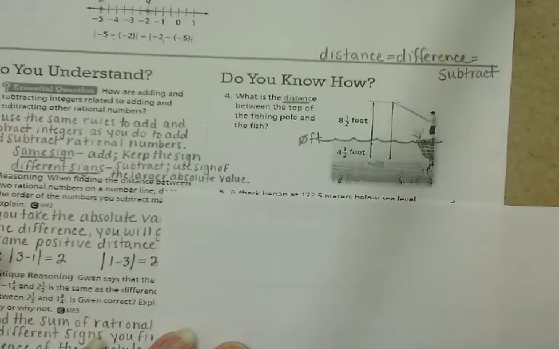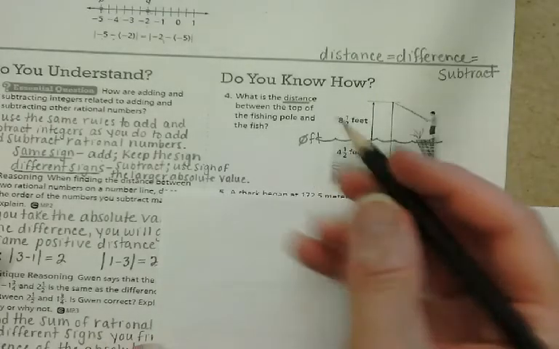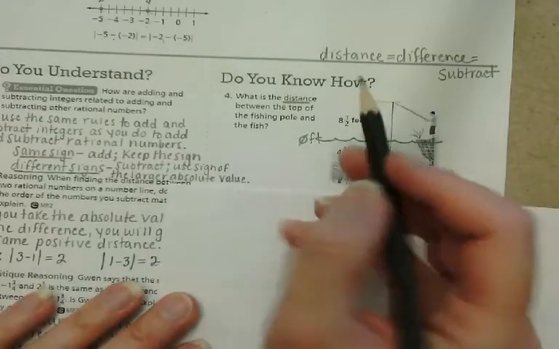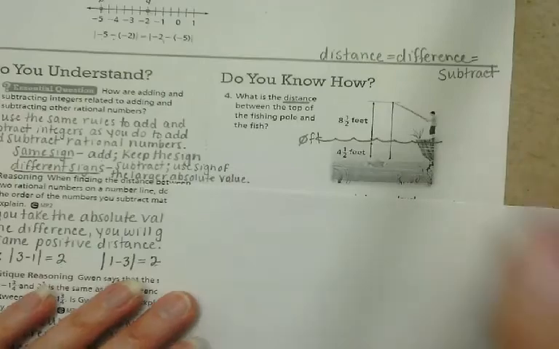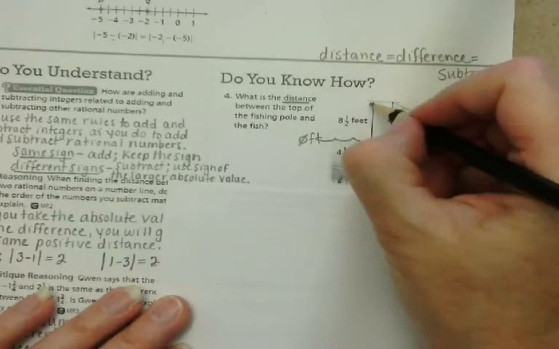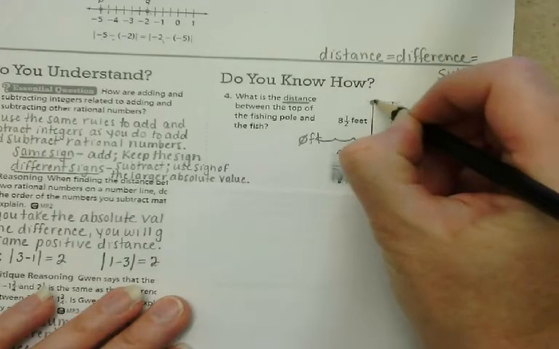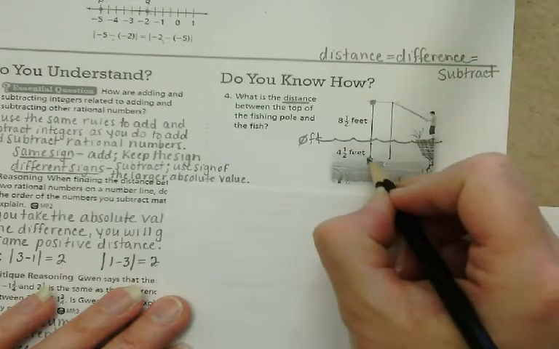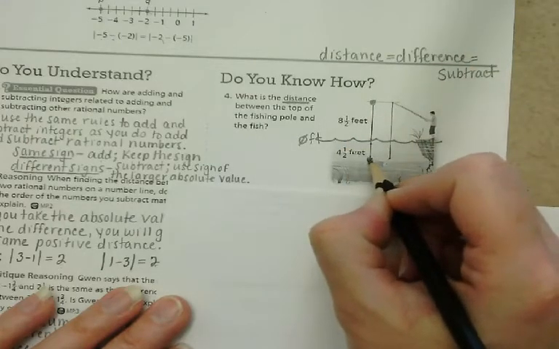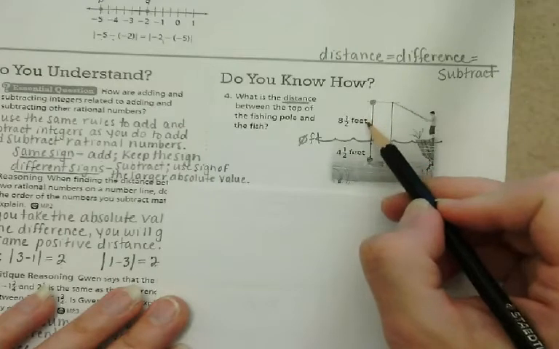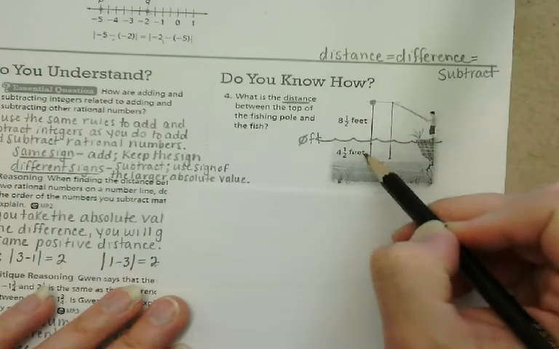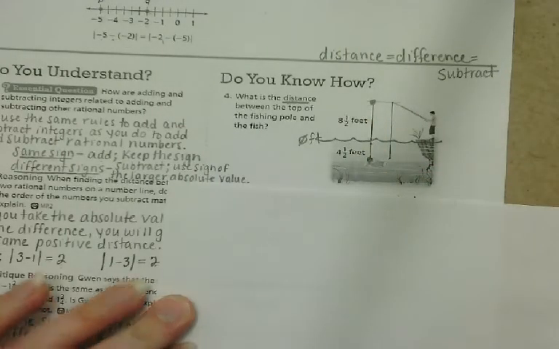Okay, so with this one, we want to find the distance between this point here and where the fish is. So we have a distance of 8.5 feet and then another 4.5 feet.